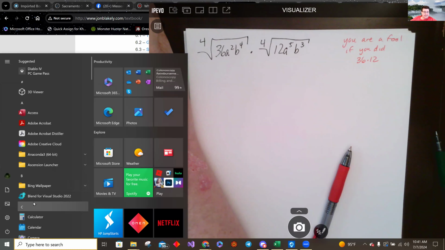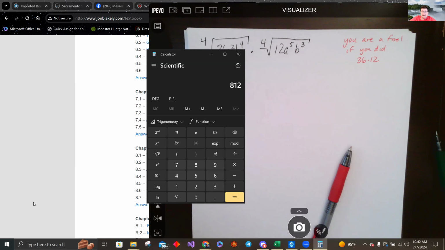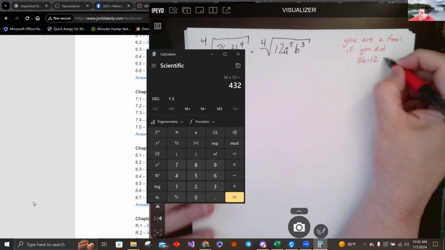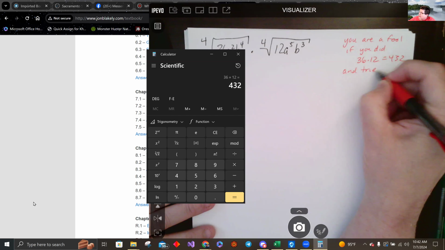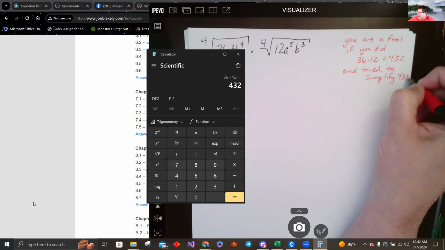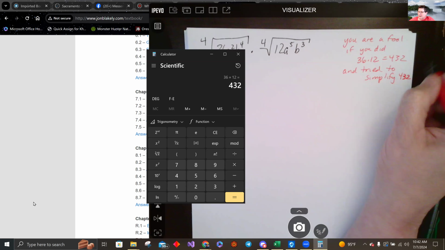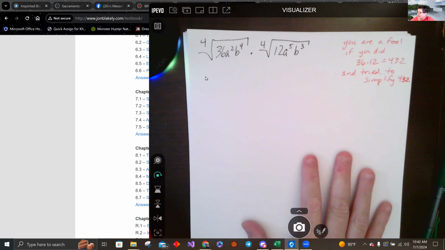Let's do a calculator right here. 36 times 12, and then tried to factor 432. Work smarter, not harder. It's okay to be a fool once if you didn't think about it. Learn from it. Look how much easier this is if we don't do that.